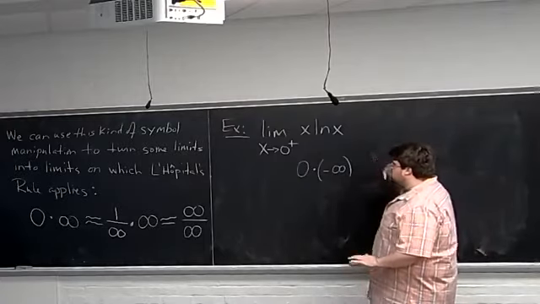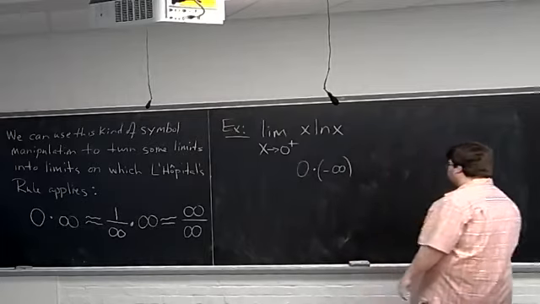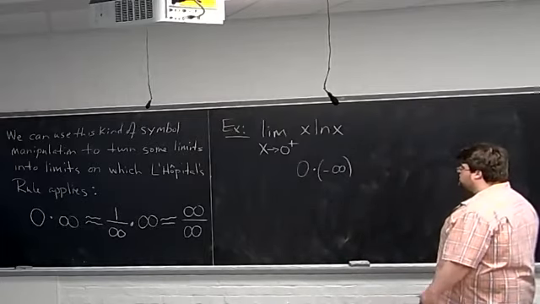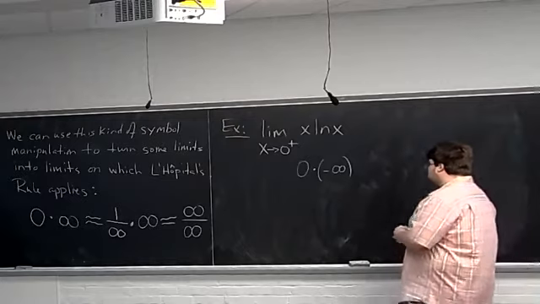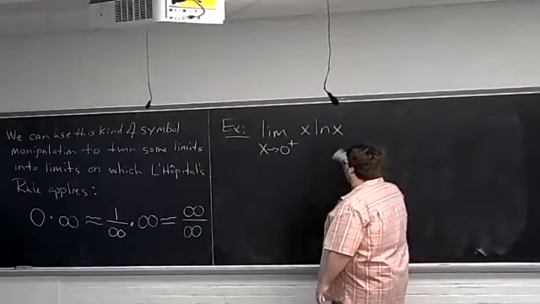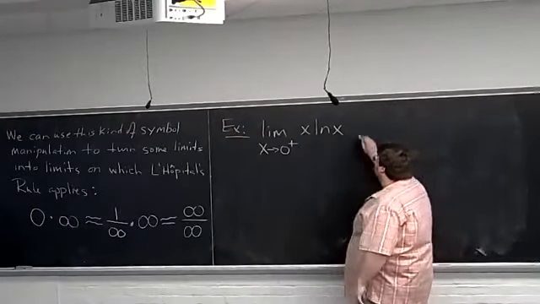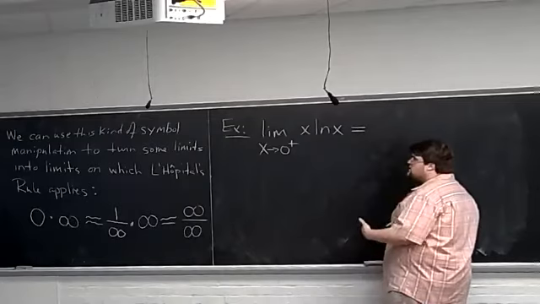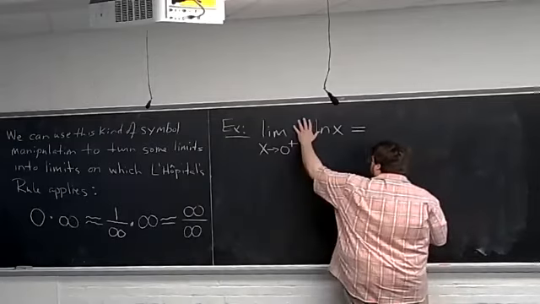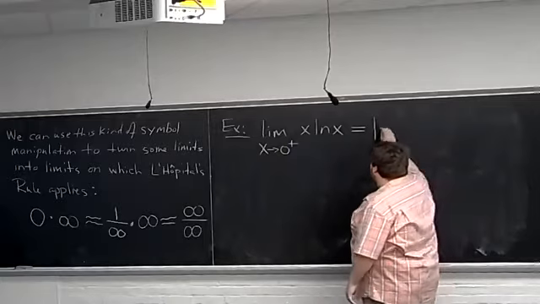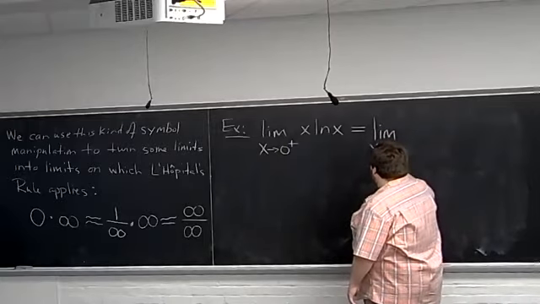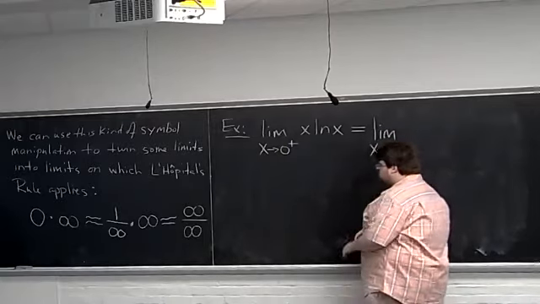With these, it is strongly recommended that you leave the logarithm term where it is. Meaning, if we're going to turn this into a fraction, let's do it working with that x term. Maybe I'll write this one on the next line.